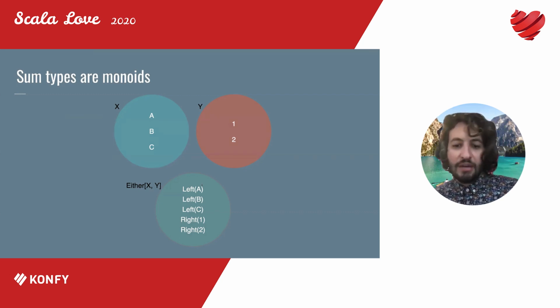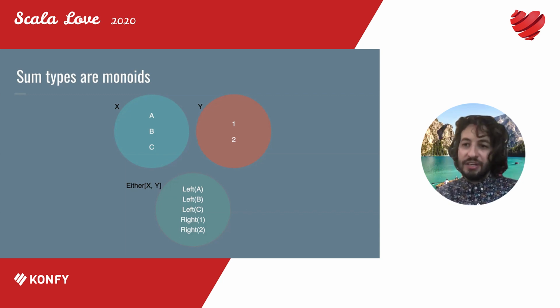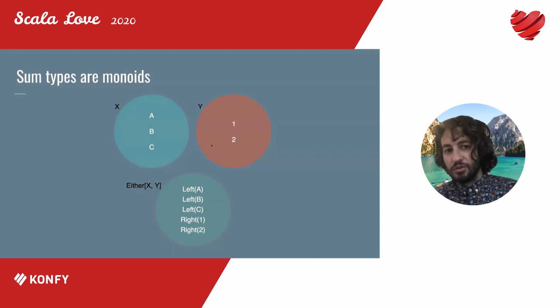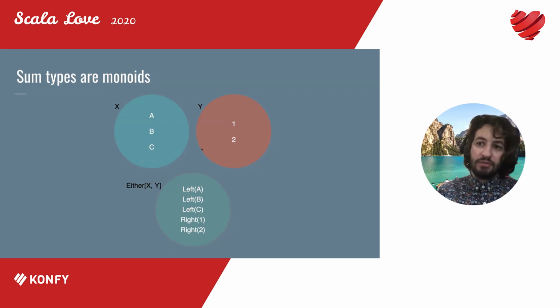And here we have A, B, C, 1, 2. And the cool thing about this is that if we looked at the product type, tuple x, y, we had 6 distinct inhabitants because it's like 3 times 2. And here we have 5 because it's like 3 plus 2, right? So it's a sum, whereas with tuple, it was a product. We multiplied.